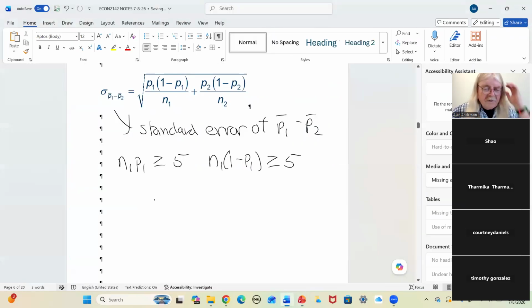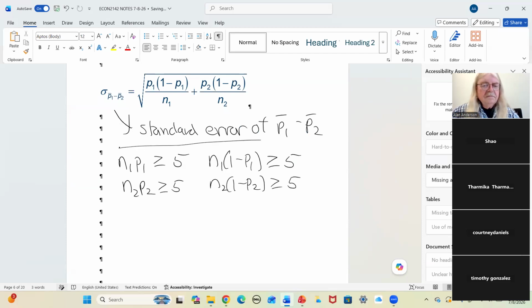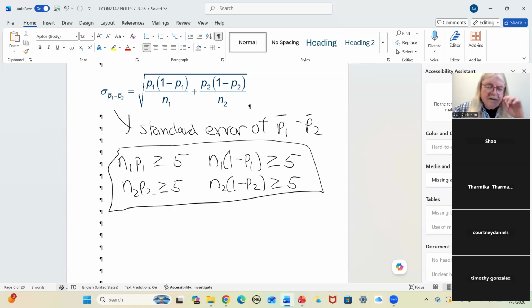Because there's two populations here that we're studying, we need four conditions. Those are the ones we technically should meet before we do this test or this confidence interval. Failing that, your results will be less reliable. So it's good to be aware of these conditions.